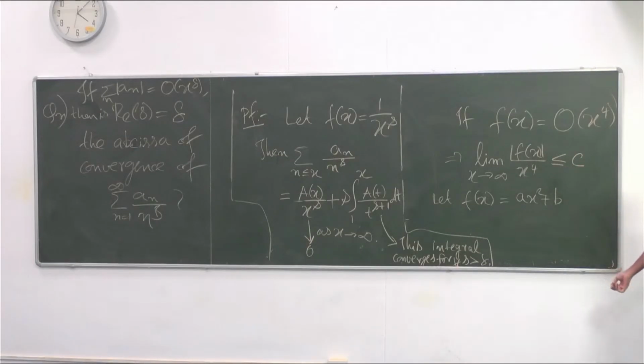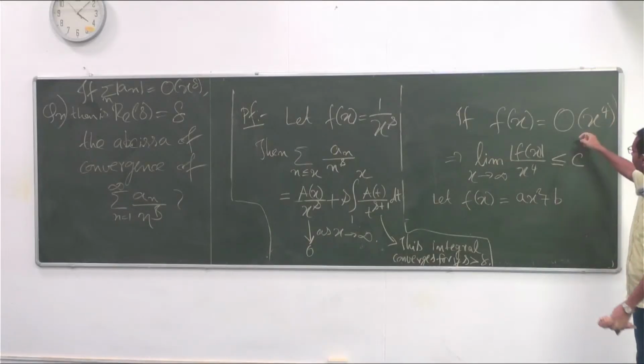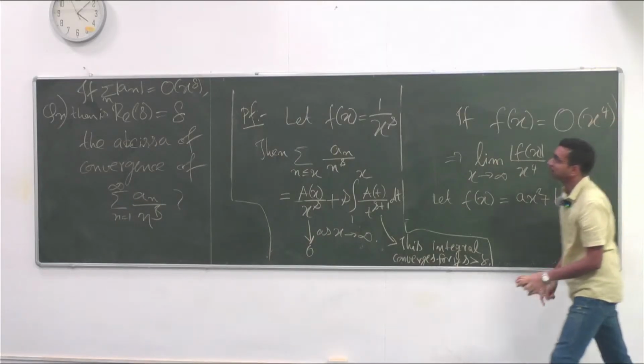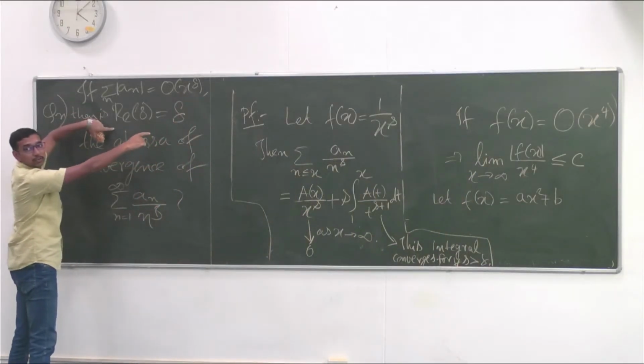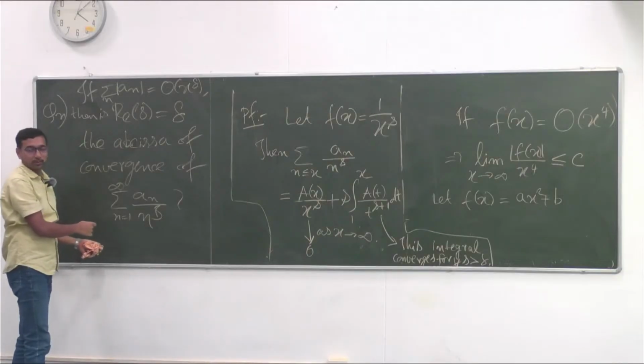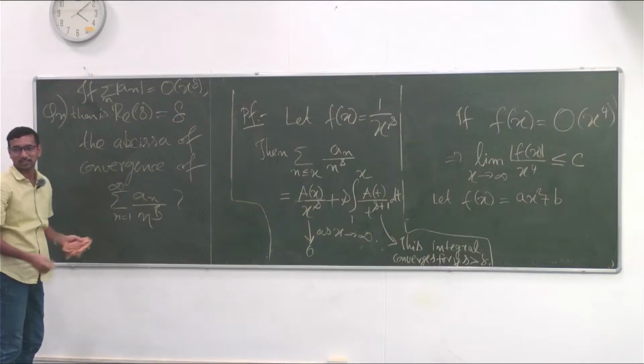We assume that c is some positive constant, but nevertheless 0 is less than any positive constant if it is of this form. So if a function is of some given order, that doesn't mean that order is the minimum order. Big O just means it is bounded. So if you are given this condition, this need not be the abscissa of convergence. The abscissa of convergence could be somewhere to the left of this. All you can say is that the abscissa of convergence is not to the right of it.